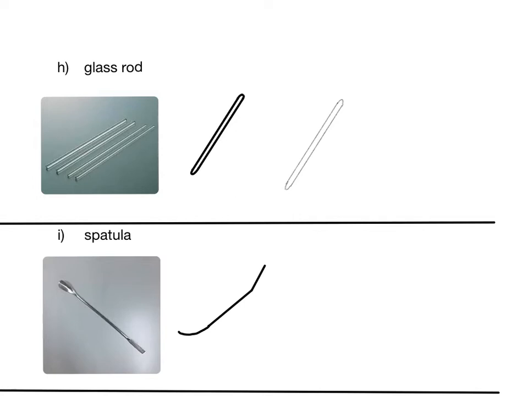A spatula in fact is a tool used to carry or transfer some solid. So you can see a spoon-like structure here. So how are we going to draw it? We are going to draw it in a very simple way.